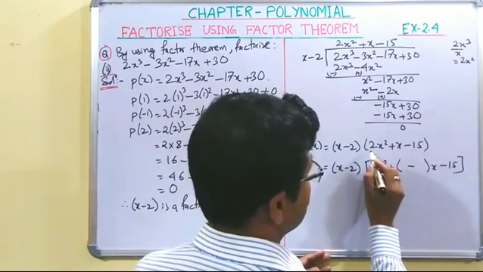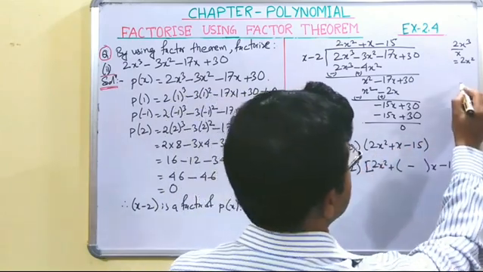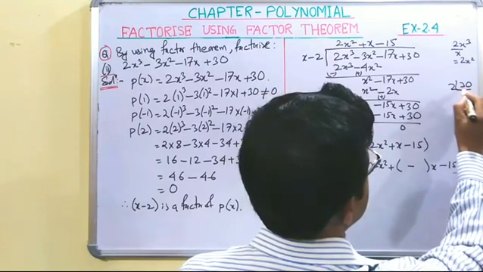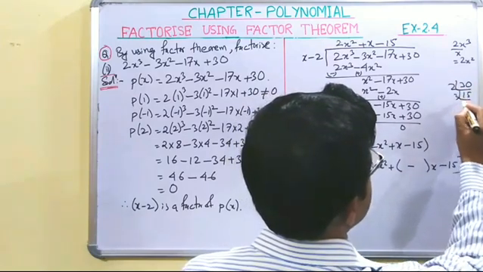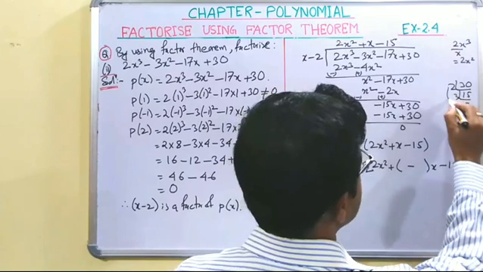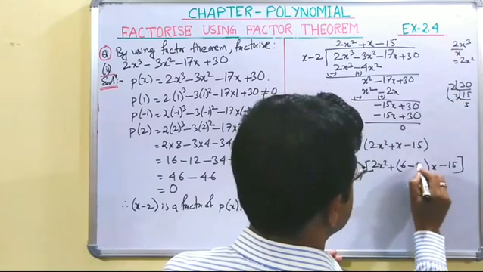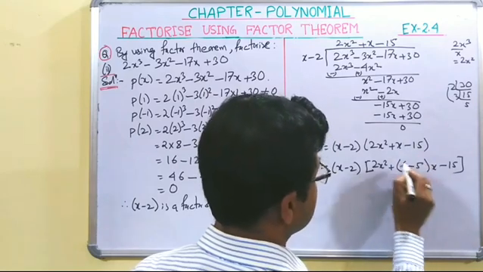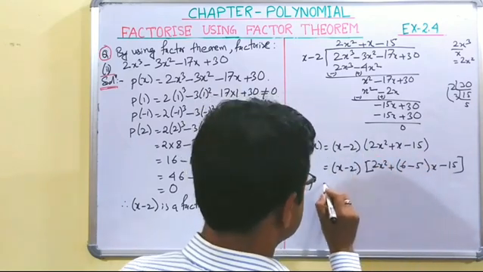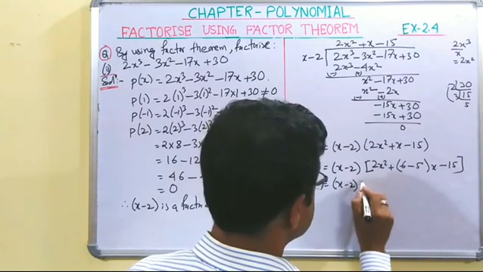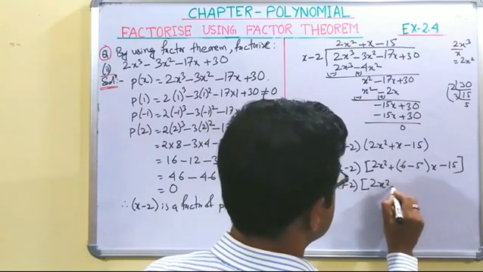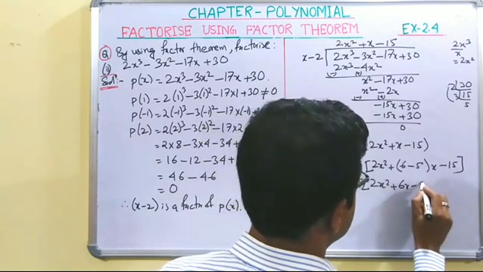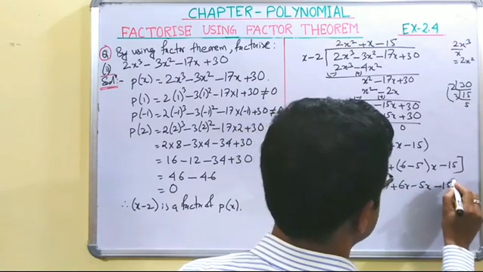Here we multiply 2 into 15, 30, which is 2, 3, 5. How will we get 1? By 2 into 3 is 6, and 6 minus 5. So x minus 2, 2x square plus 6x minus 5x minus 15.